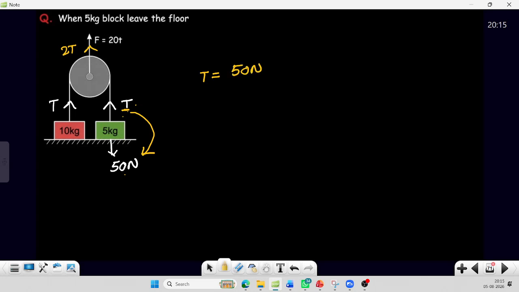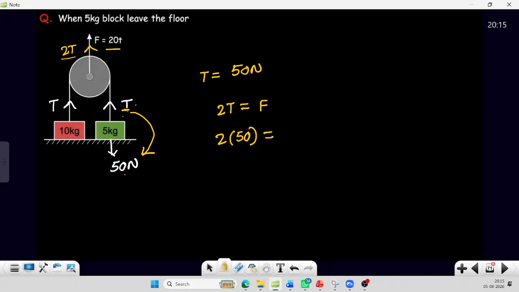If this is 50, now look here. Here we apply how much force? 2T we applied. And here is how much now? This is F. That means 2T is equal to F. And this is 2T, T value is 50.